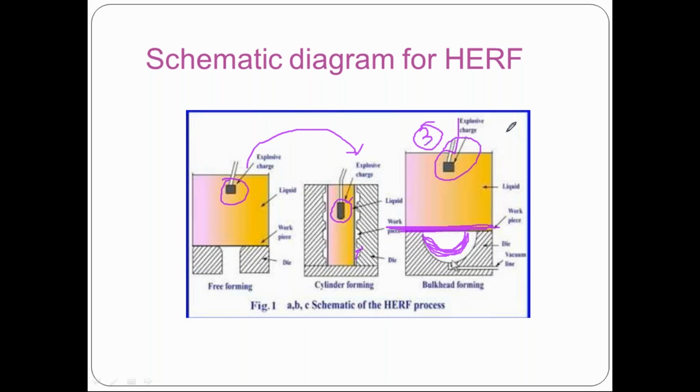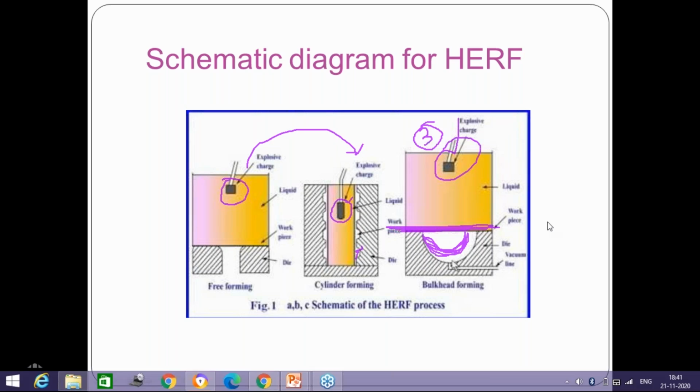So this process is known as the high energy rate forming process. This is a very simple process, and you can easily get the finished product with the help of this HERF process.